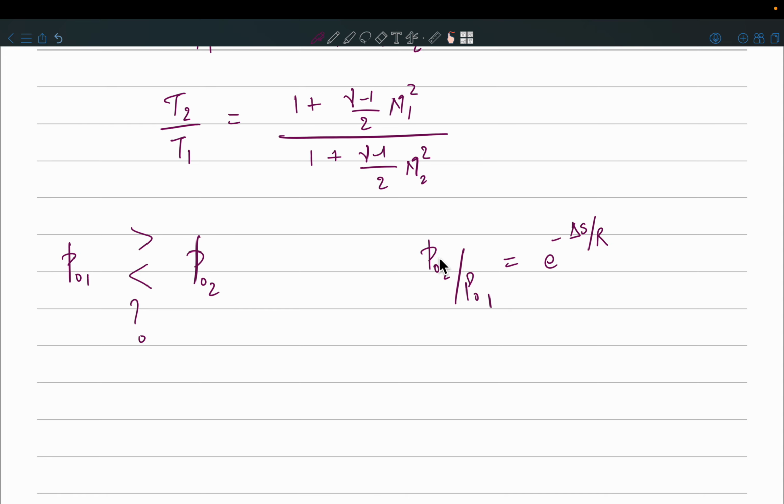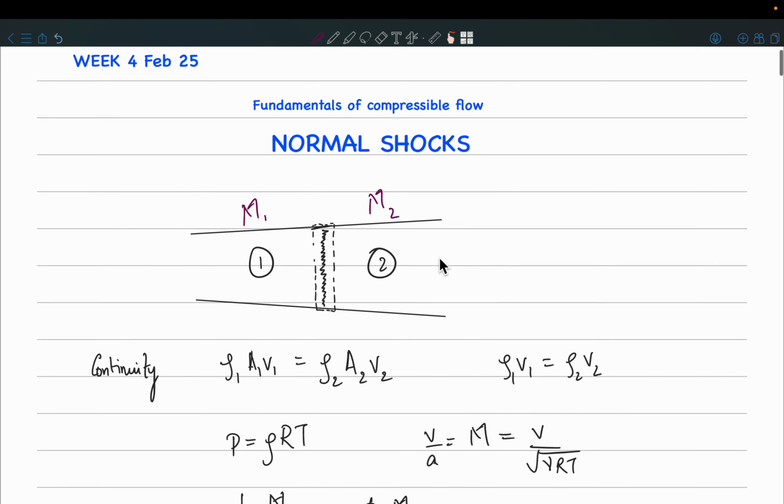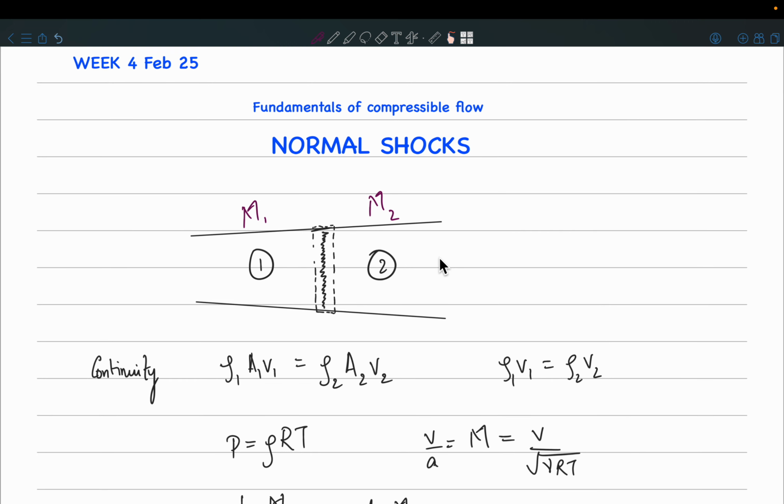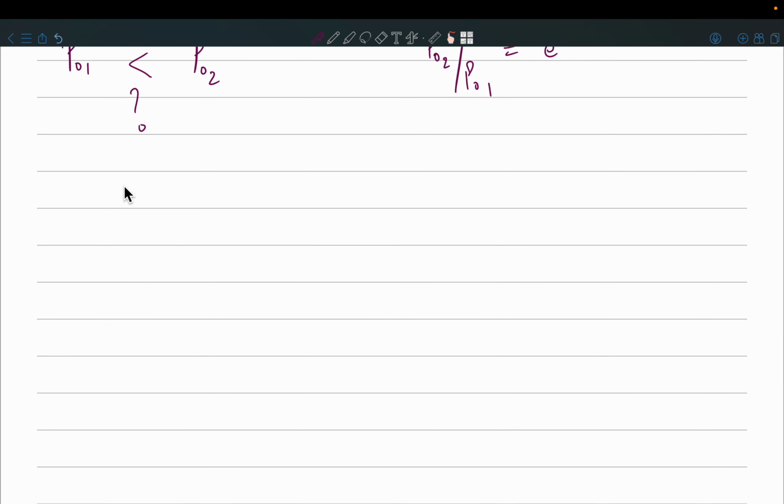Now one very important concept is, what is a shock strength? How do you define a shock strength? You are saying that shock strength is measured by P2 minus P1 by P1. This is a measure.